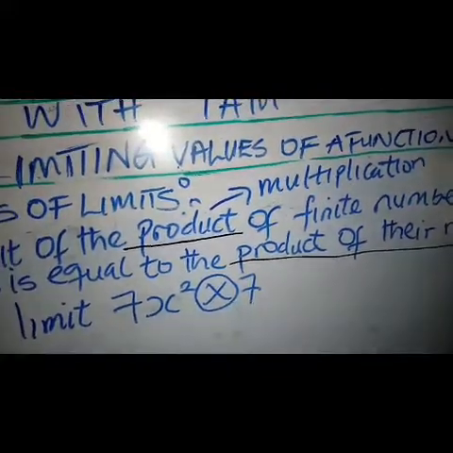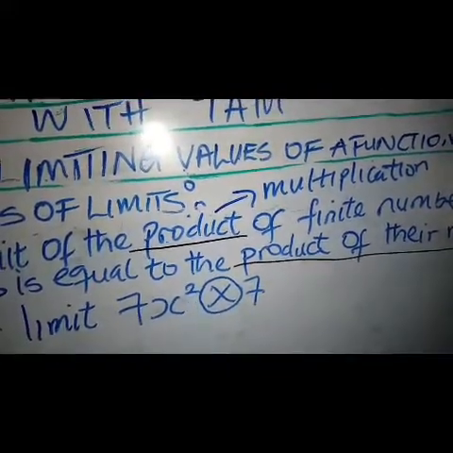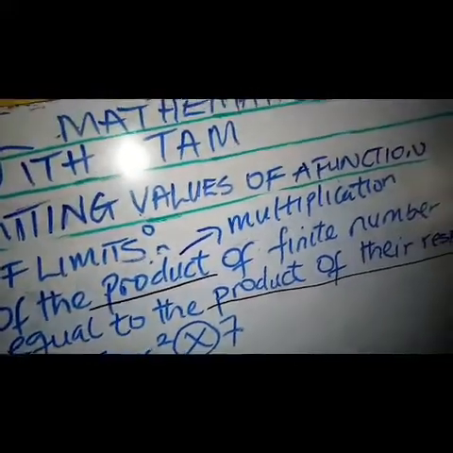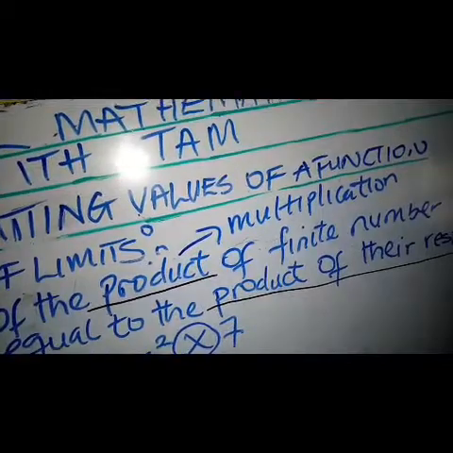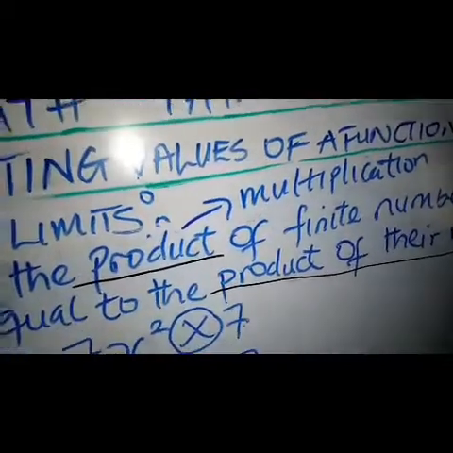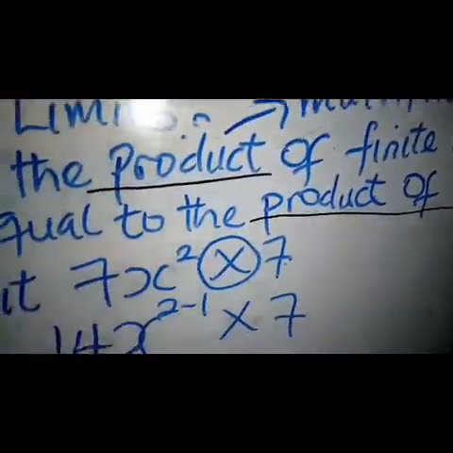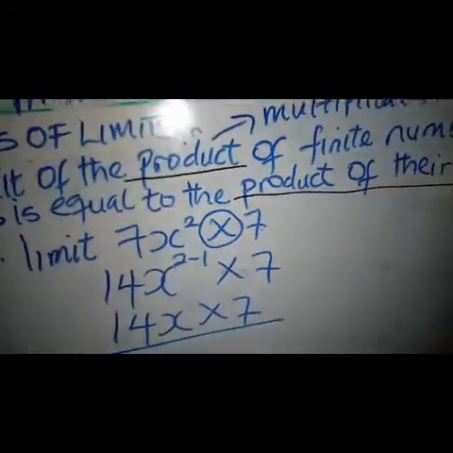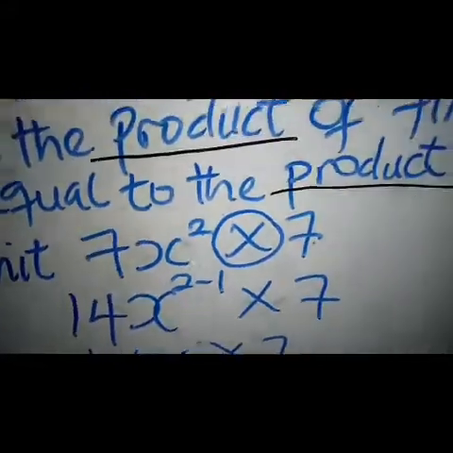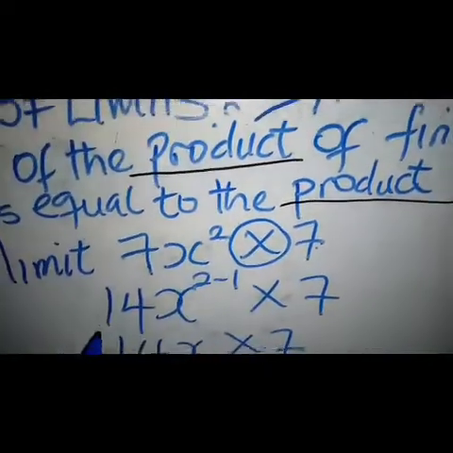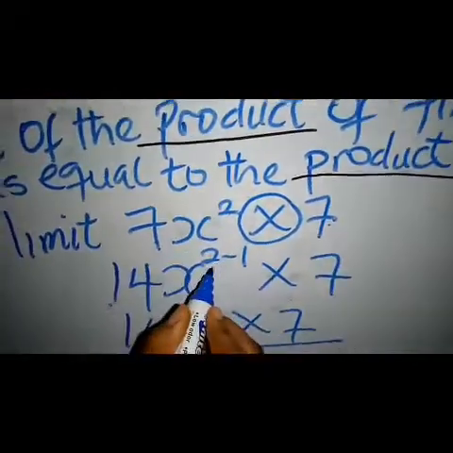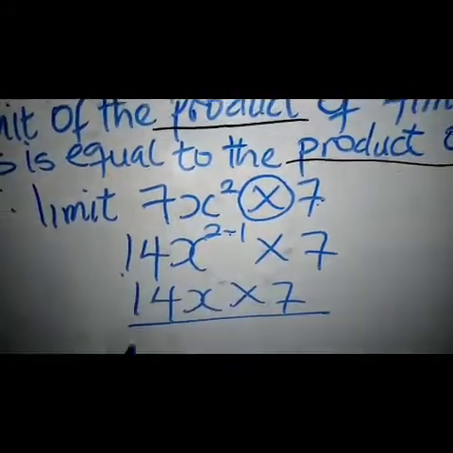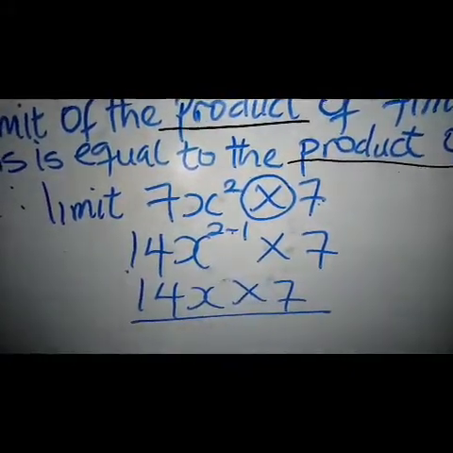So we still need to apply the same method. 2 times 7 is 14x raised to power 2 minus 1, times 7. This 7 is still constant. That is 14x times 7. This is the final answer.